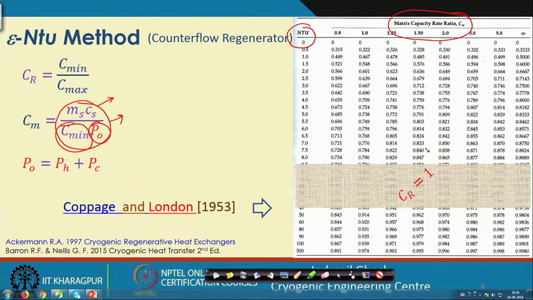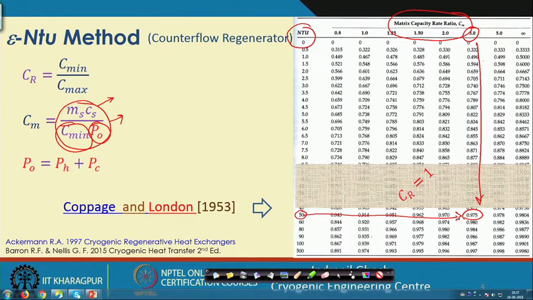Now, say imagine that the matrix capacity rate ratio is 3 and the NTU is somewhere at 50, then we will have something like 0.975 as the regenerator effectiveness. So, this corresponds to this one and this corresponds to this value.